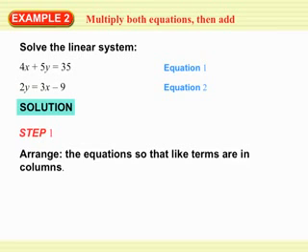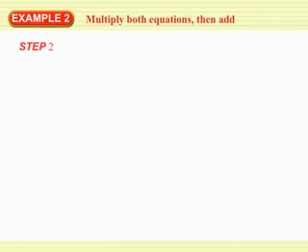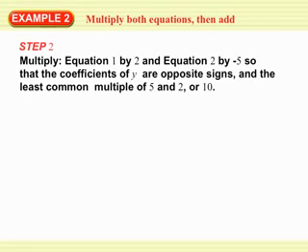So the first thing that I'm going to do is subtract 3x from both sides of the second equation. When I do that, my second equation becomes -3x plus 2y equals -9. Now I have my like terms in columns, and I can see how I can eliminate one of the variables.